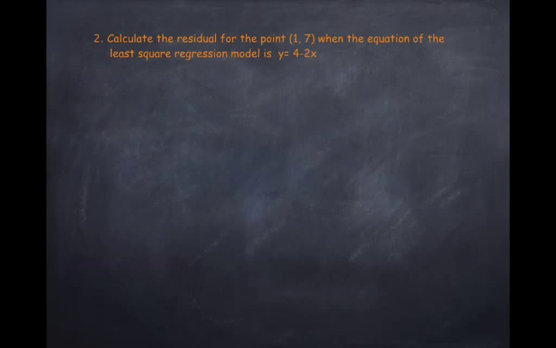Number 2, calculate the residual for the point (1, 7) when the equation of your least squares regression model is y equals 4 minus 2x. And so remember, to find your residual, your residual is going to be equal to what you actually observed, your y, minus what you predicted, your y hat.